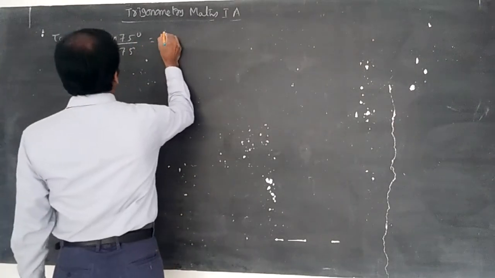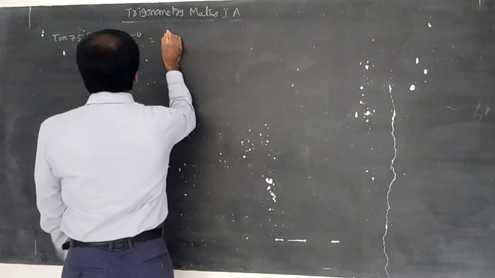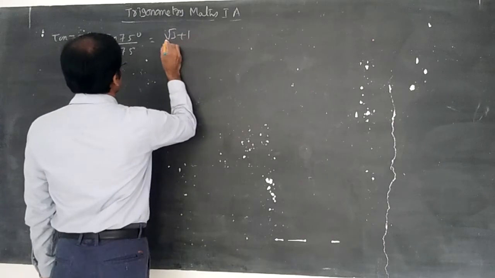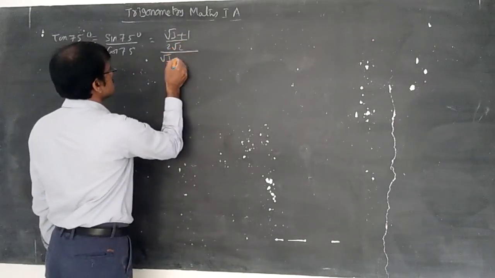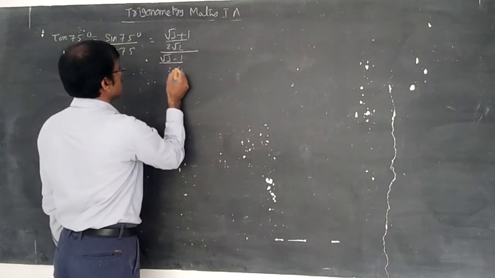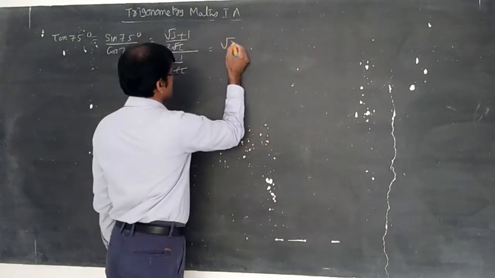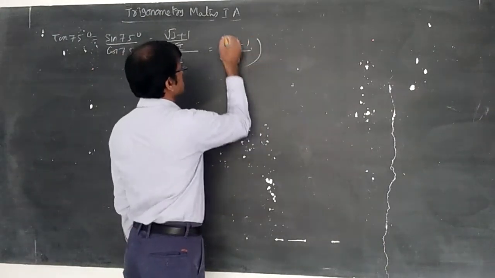So, students, sin 75 is nothing but cos 15. So root 3 plus 1 by 2 root 2 whole by root 3 minus 1 by 2 root 2, 2 root 2 and 2 root 2 got cancelled. So here root 3 plus 1 by root 3 minus 1 we will take.